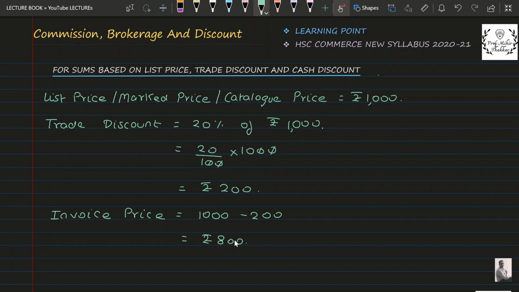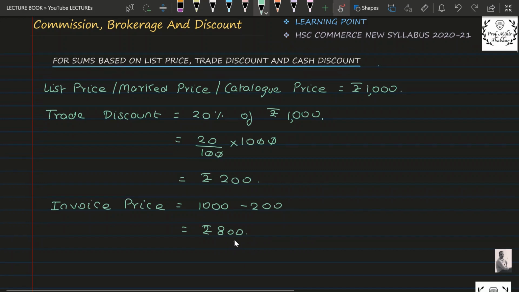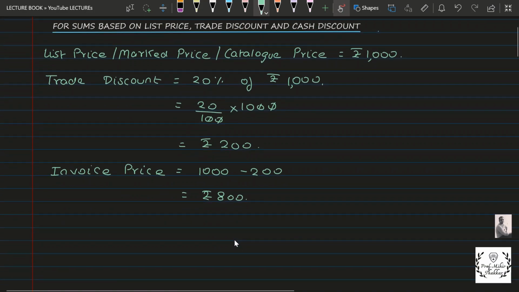Now, suppose you tell the shopkeeper, "Sir, I am not going to pay you with my credit card or the debit card, but I would be paying you the amount in cash." When you pay the amount in cash, it is very good for the businessman, because the card transaction has got some charges from the bank which the businessman has to pay.